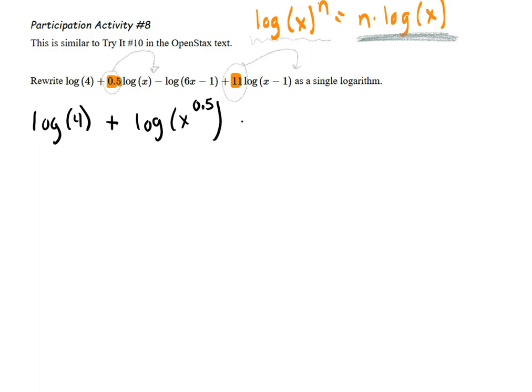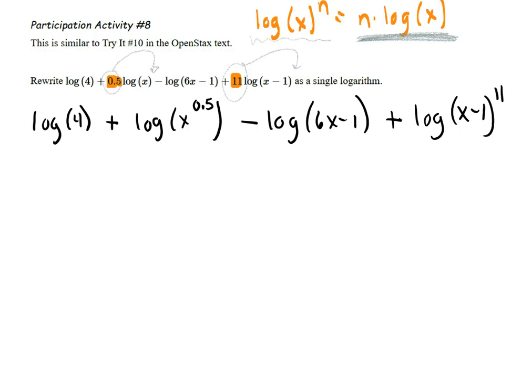Minus the log of 6x minus 1, plus, and here we go again, the log of x minus 1 raised to the 11th. You know what, on that one it has to be outside the parentheses because it's a binomial, so I normally do put it outside the parentheses, so that's what I'm going to do here. So we put those exponents up where they need to be.